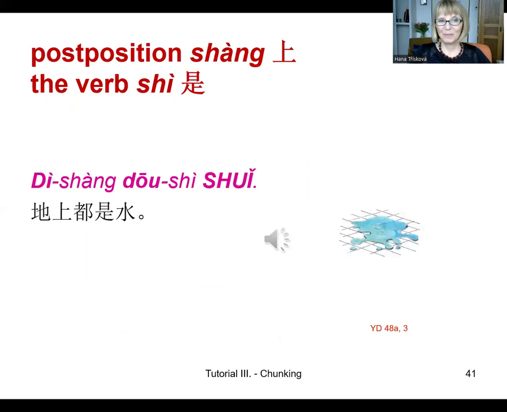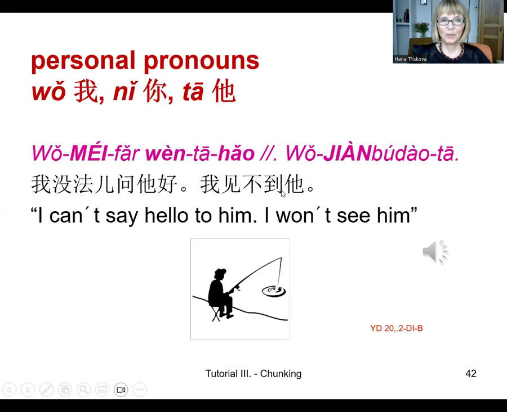I will give you some examples. This is a sentence which comprises the postposition 上 and the verb 是, and both of them are pronounced weak. 地上都是水，地上都是水。 Here is an example of personal pronouns.